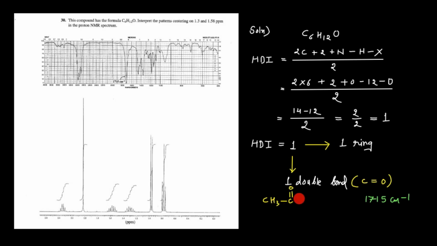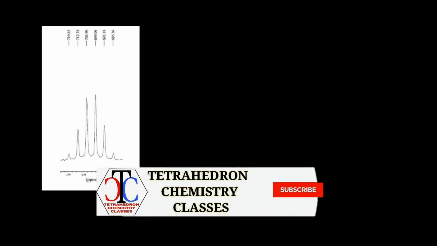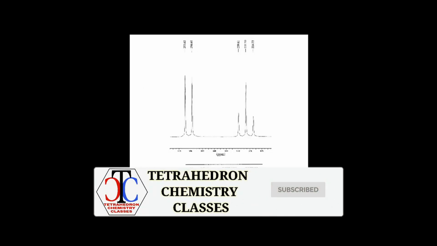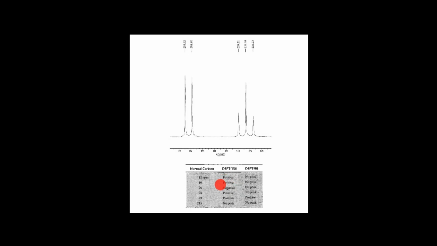Apart from this particular fragment CH3–C=O, nothing much is there in the spectrum to give an idea about the other groups present in the molecule. Whenever you are given DEPT NMR data, always try to interpret the DEPT NMR first. You must have an idea about the interpretation of the DEPT NMR spectrum.